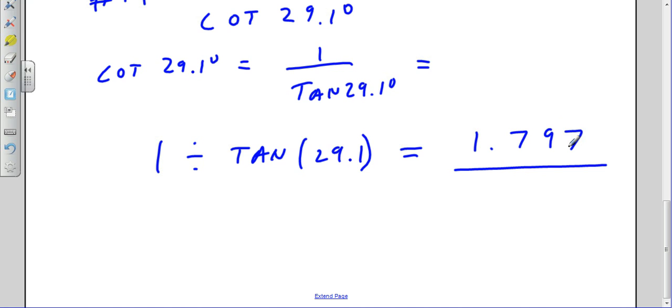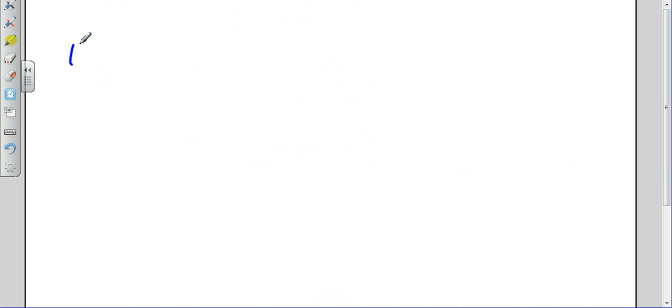Going to do number 20 next. So I have the cotangent of theta is 0.9220.